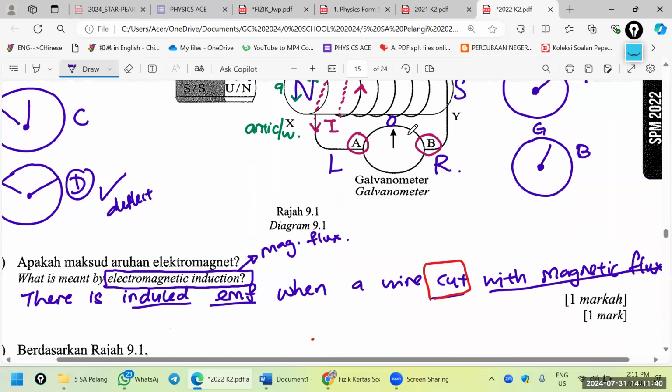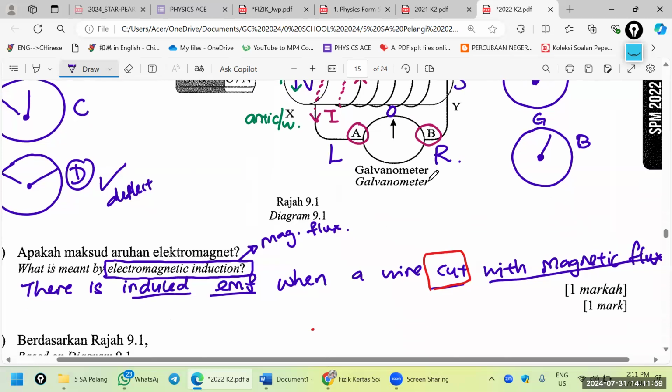Deflection means this one will deflect to your left or to your right, or deflect to A or deflect to B. Okay, like A, like B. Actually, you know what? Both also can.